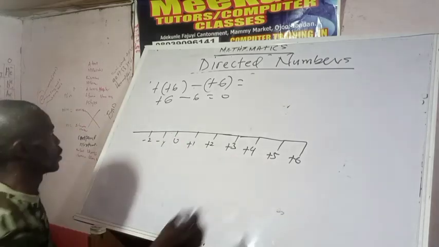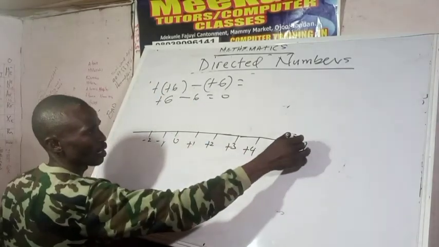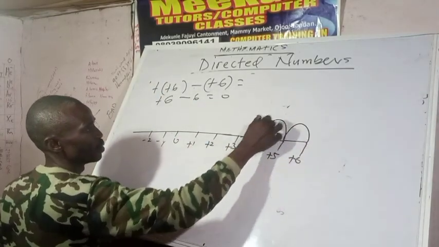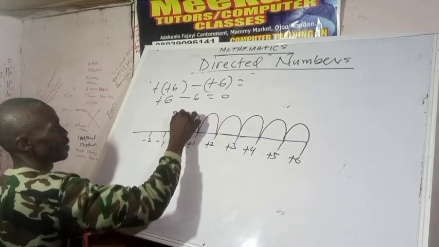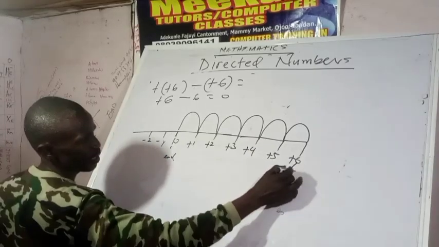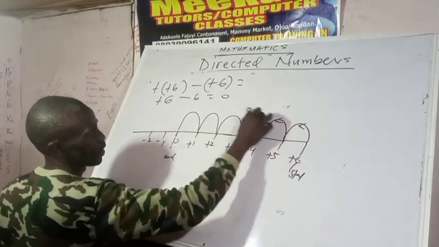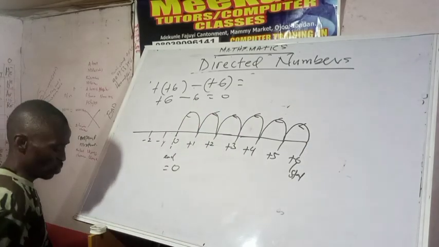Plus 6. I go on plus 6. Minus means I shift to the other side. So what to do here? Let's have it. 1, 2, 3, 4, 5, and 6. It ends here. So my answer, it ends here and you start here. Don't forget your arrow. So what do you have? The answer equals what? 0.